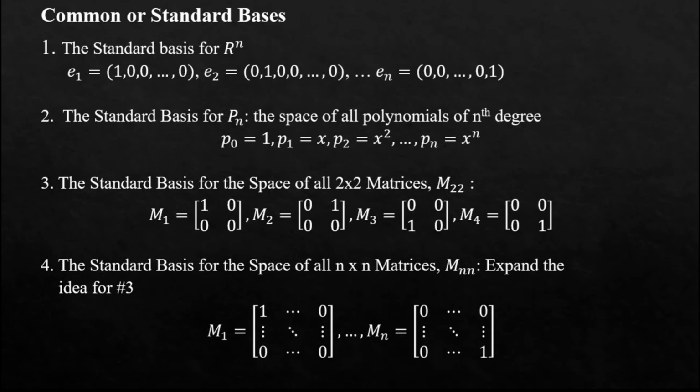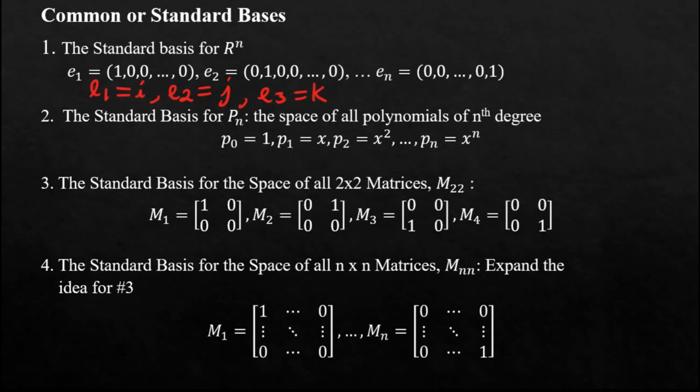In calculus 3, in the third space, we call E sub 1 i, E sub 2 j, and E sub 3 k.